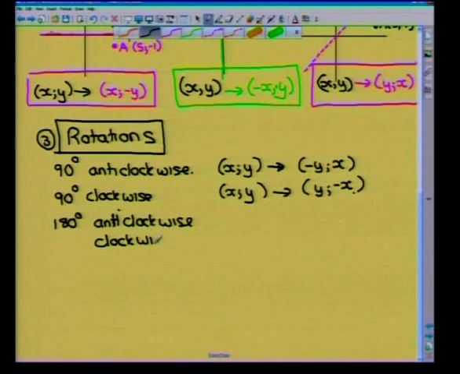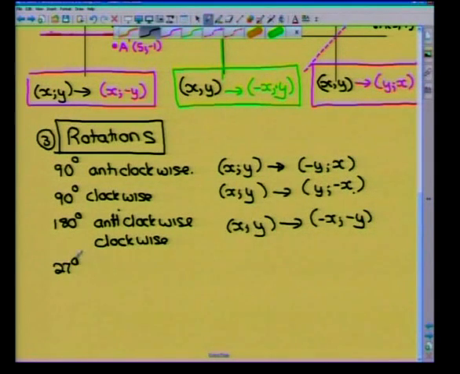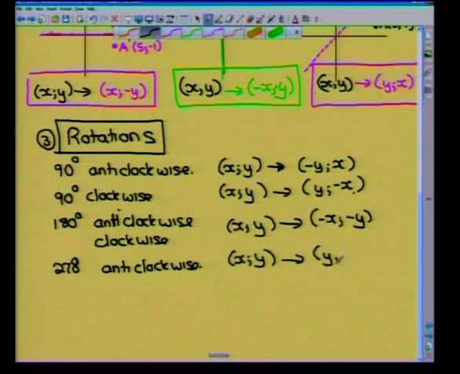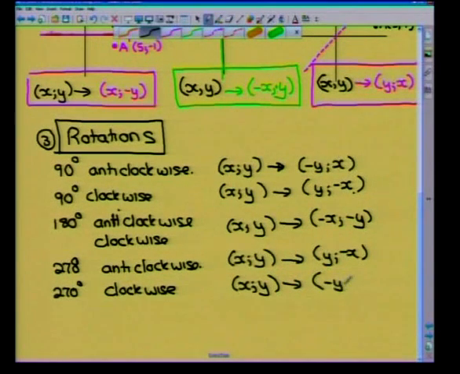We'll talk about that in a moment. The rule will be x, y becomes minus x, minus y. And then, of course, we've got 270 degrees anti-clockwise, which uses the rule x, y becomes y, minus x. And then we have 270 degrees clockwise, where the rule says x, y becomes minus y, x.